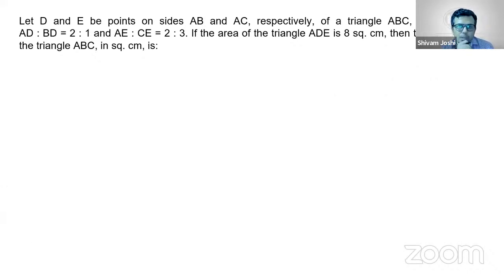Next question. D and E are the points on AB and AC respectively of a triangle ABC such that AD is to BD is 2:1. Let's try to draw a diagram here.